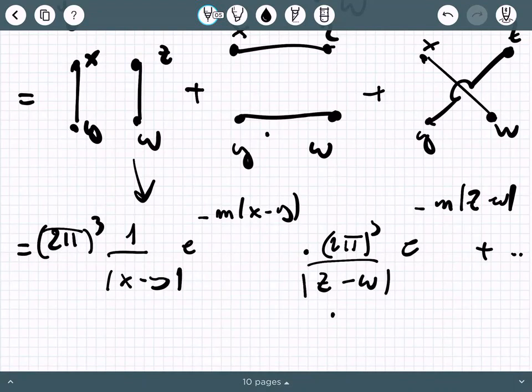Okay, so here goes our discussion of the theory with quadratic interaction.